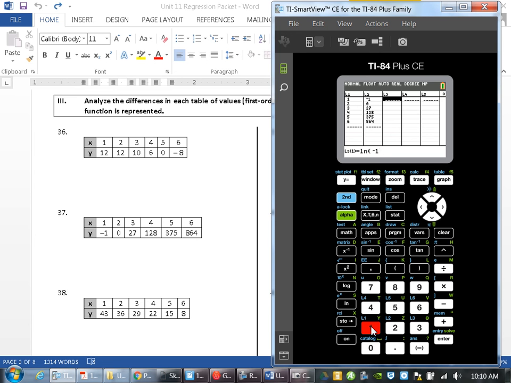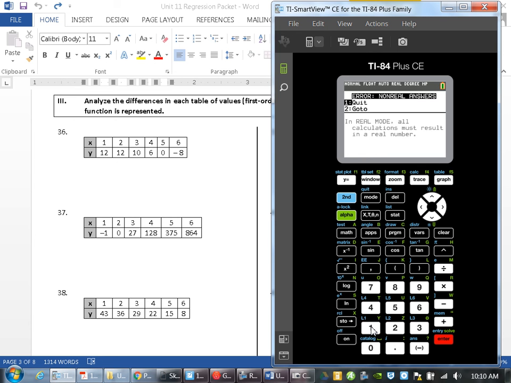I'm stuck in the graph, and I can't do natural log of negative 1. So now we know that that won't work.